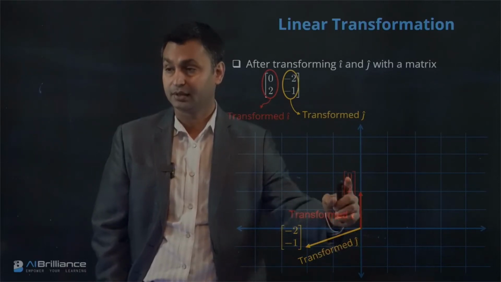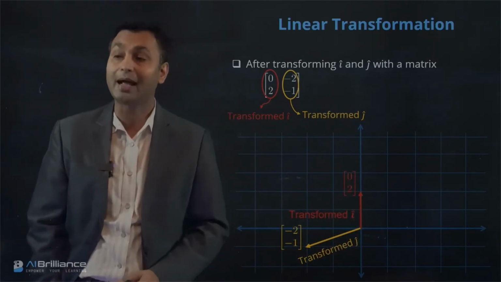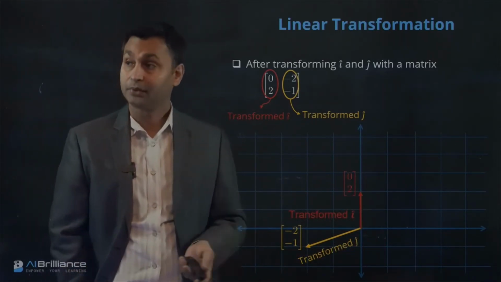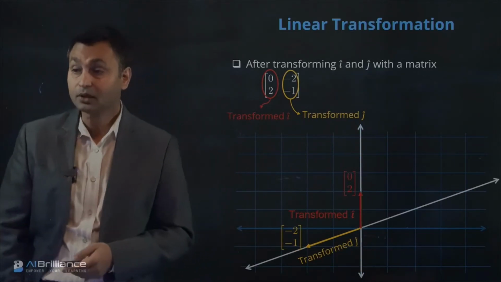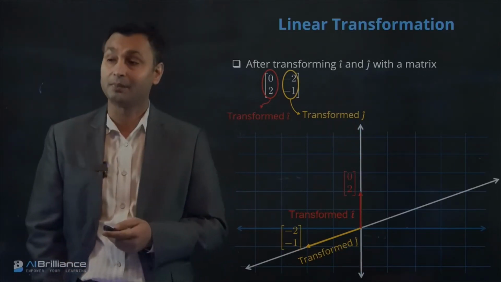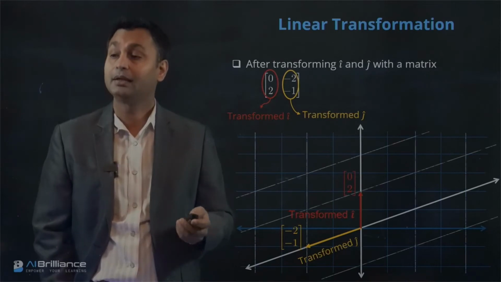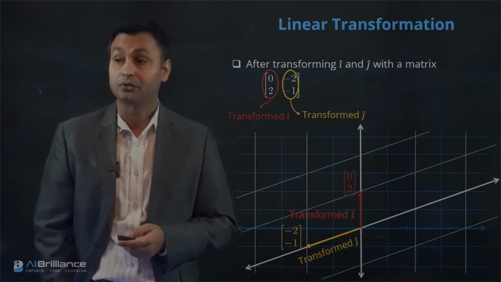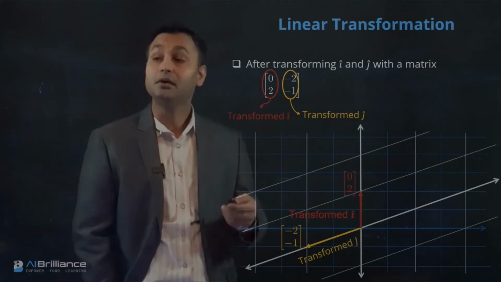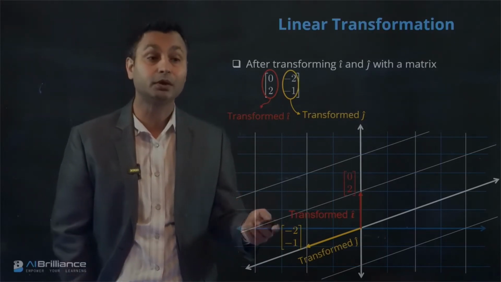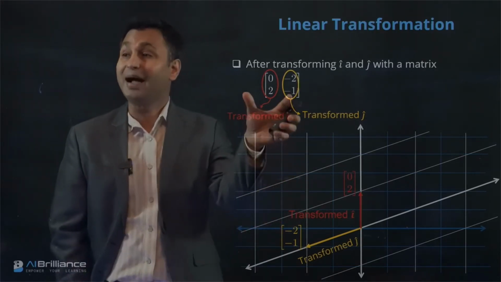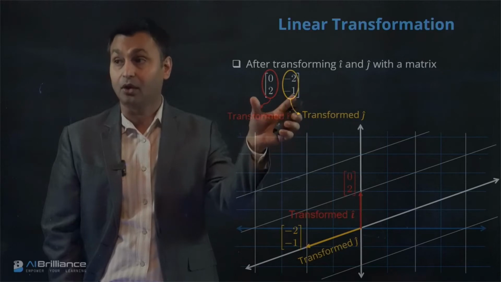So now this and this become the two axes in which we should be representing a given vector. This becomes the new grid, and that is the transformation that has happened to the unit vectors i and j by applying this matrix on top of them.